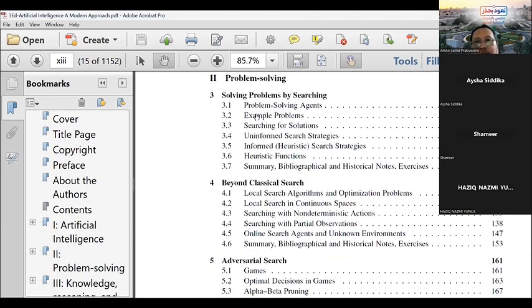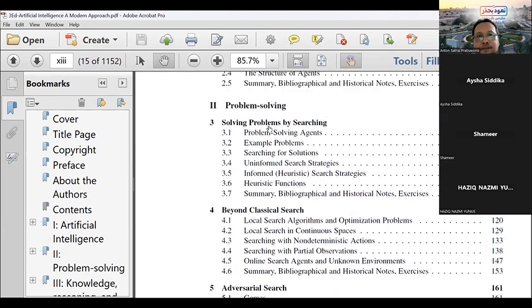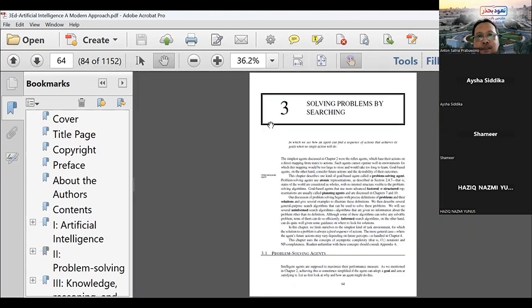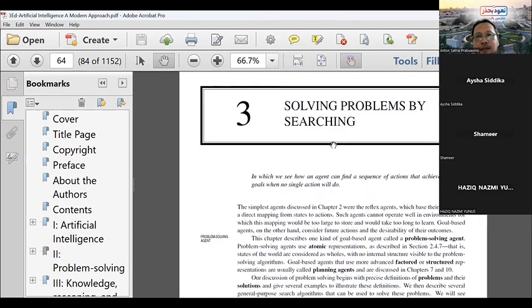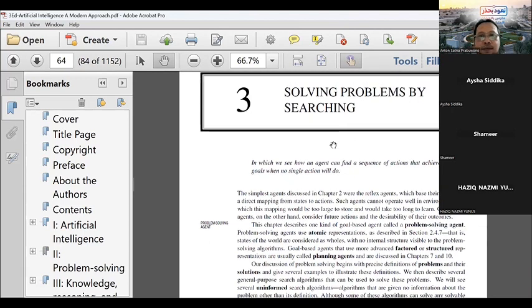Then we go for this chapter, problem solving, especially section 3, solving problems by searching. Please read for a while, then I will come back after 15 or 20 minutes. All right?